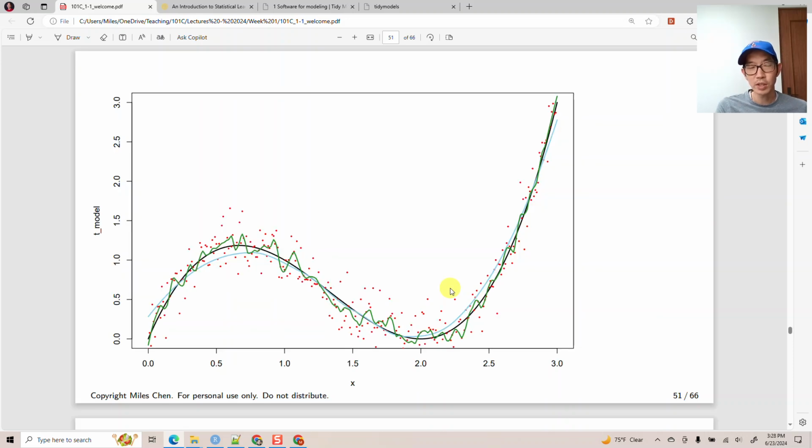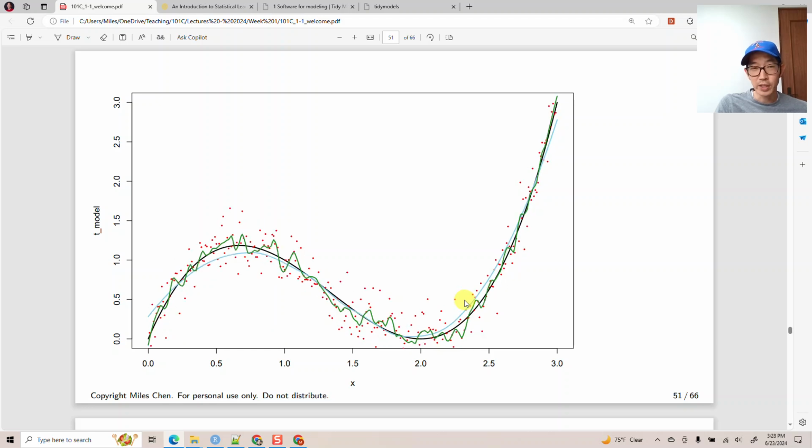Here the true relationship is the black line, and I've generated some random data in red dots. I fit a smoother relationship in blue and a highly flexible relationship in green. You can see the highly flexible one wiggles all over the place depending on the data.